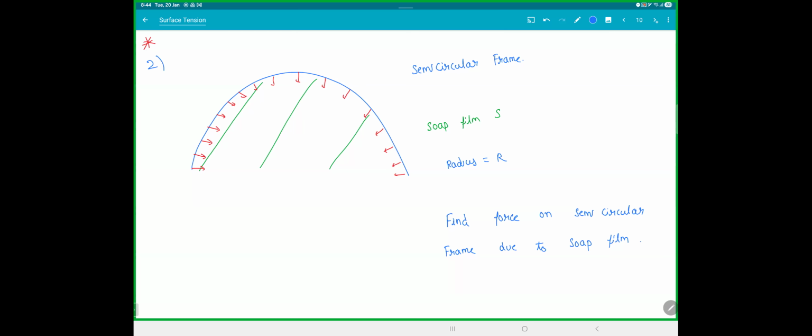Pi r. Vanshika, the dimensions are not matching. Force is S into L, isn't it? You can't get r power more than 1.